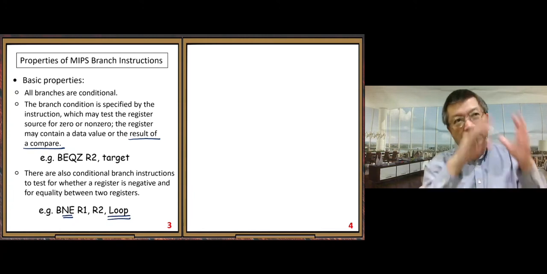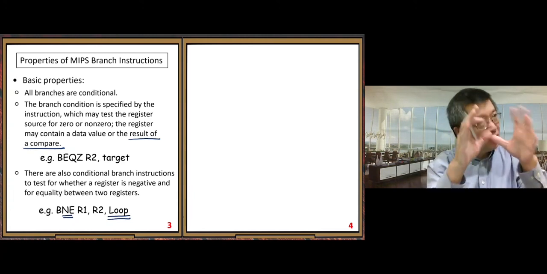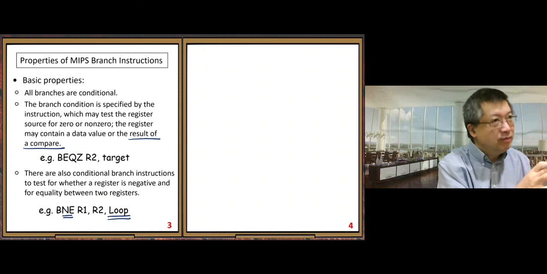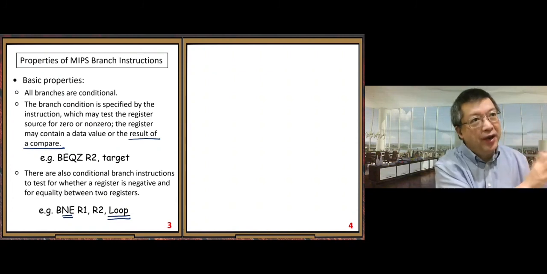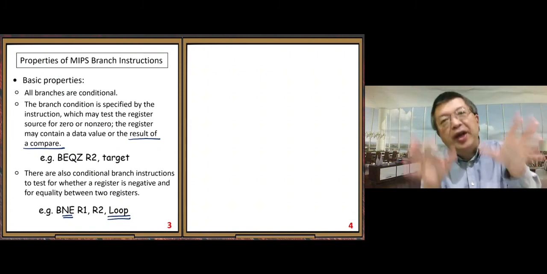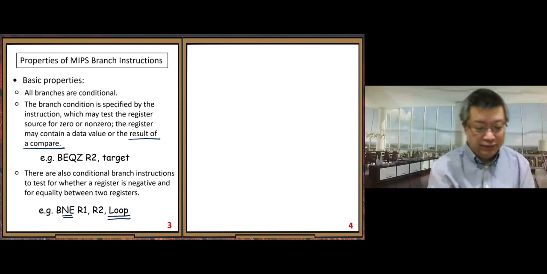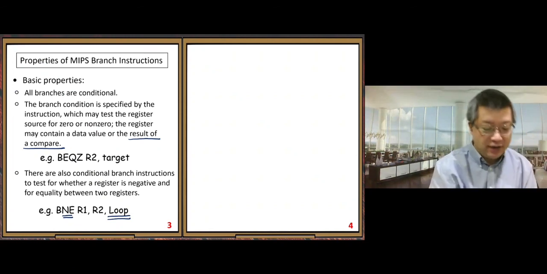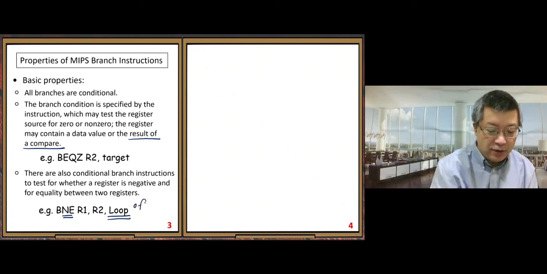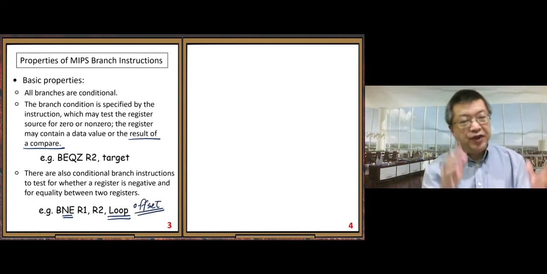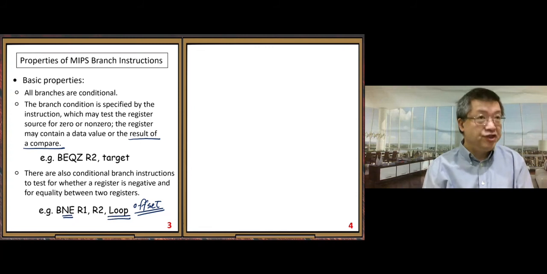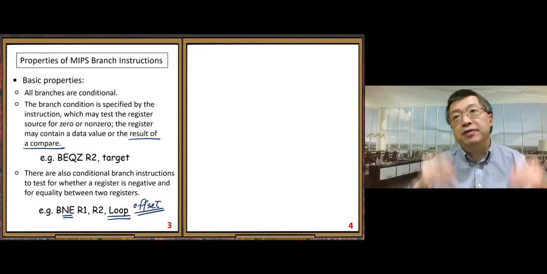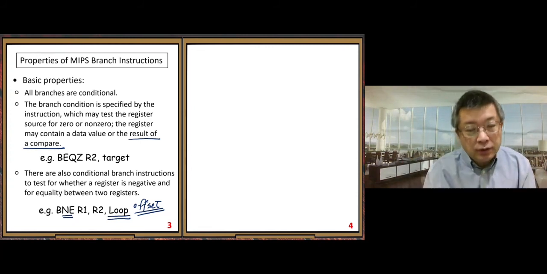Loop, we could treat it as a label pointing to another place, but actually internally we know that's the offset, right? Based on the term we used in the last video, offset with respect to the PC value, the program counter value.